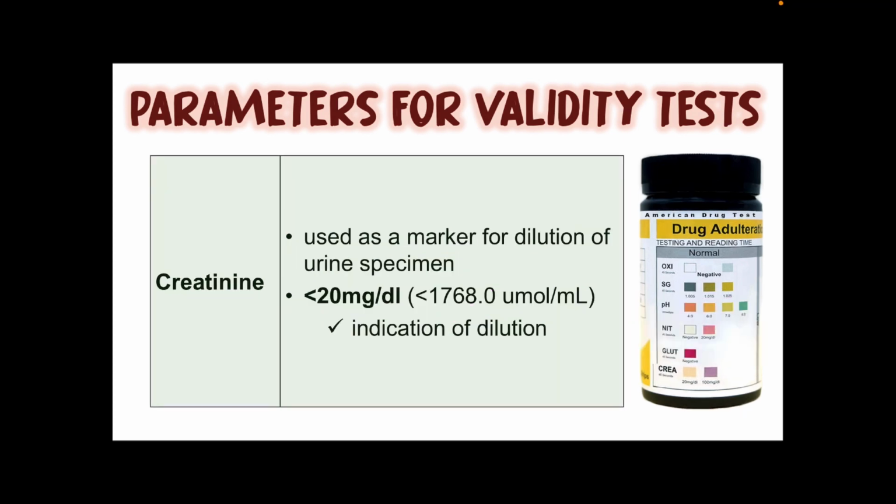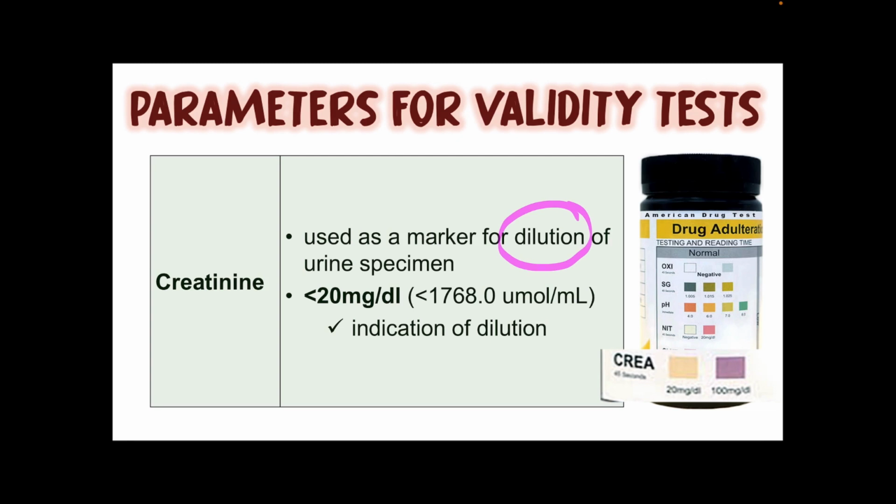Another one is creatinine. So generally, this creatinine is used as a marker for dilution of urine specimen. Remember, creatinine is a non-protein nitrogenous compound that is removed from the body by the kidneys, which filter almost all of it from the blood and release it to the urine. So if the creatinine level in the urine is decreased, then that could indicate dilution of the specimen when we are talking about drug testing.